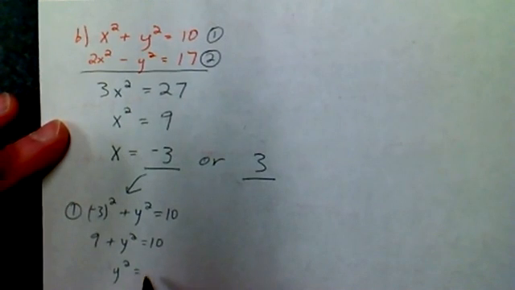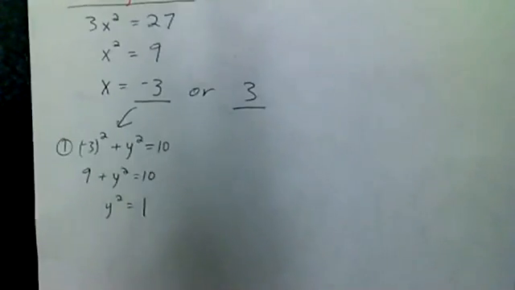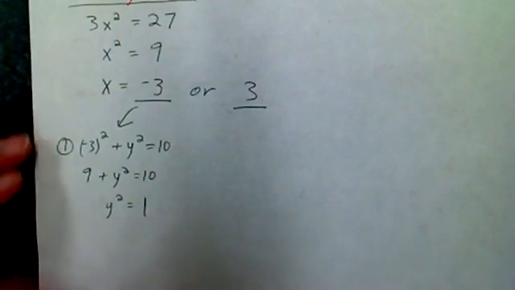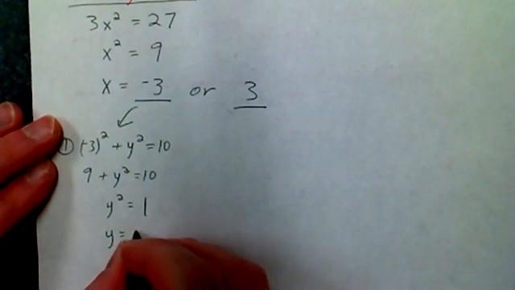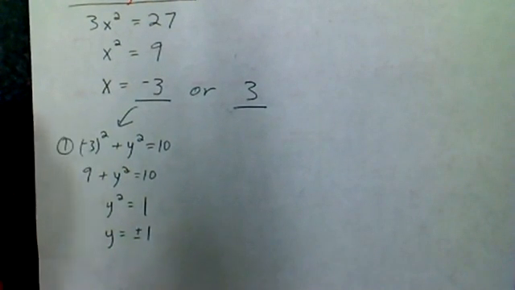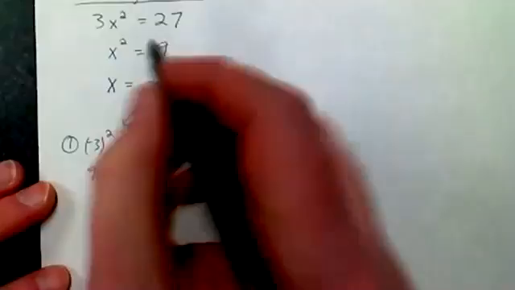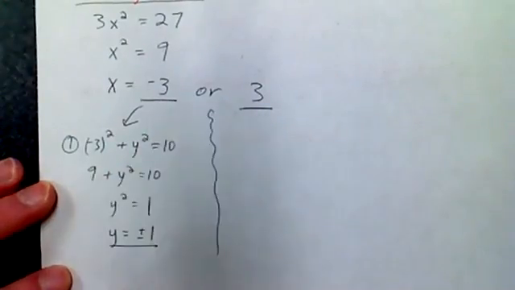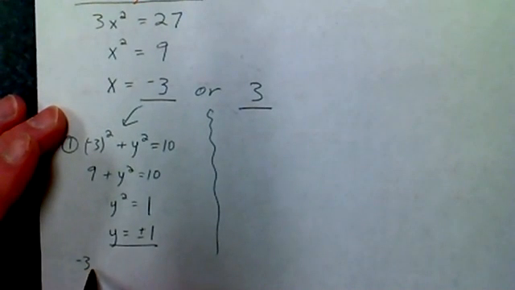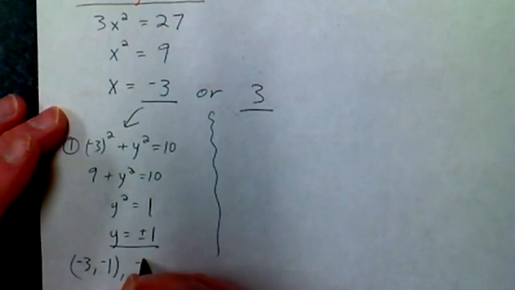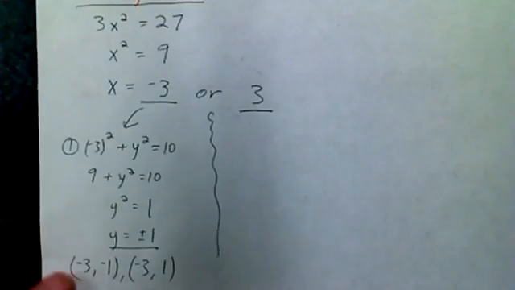Y squared is equal to 1 if I subtract 9 from both sides. If I take square roots of both sides, I get y equals plus or minus 1, because we need the plus or minus when we take our square roots. So with x equal to negative 3, I have two solutions: negative 3, negative 1, and negative 3, comma, positive 1.